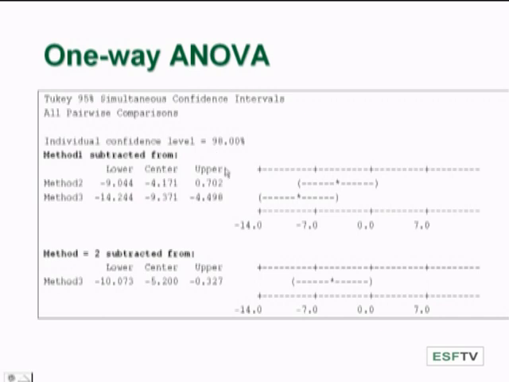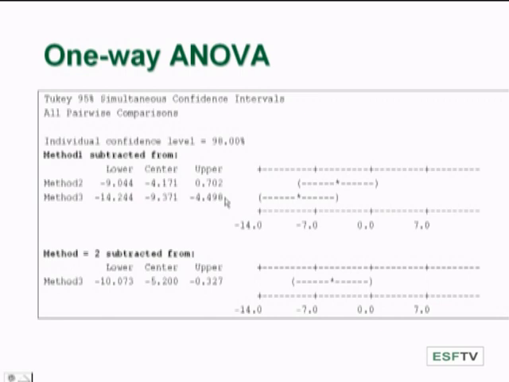So let's look at this first one. This says method 1 subtracted from method 2. So 2 minus 1. Here is our confidence interval. It goes from negative 9.044 to positive 0.702. A 0 exists within this confidence interval, telling us there's no significant difference between method 1 and method 2.